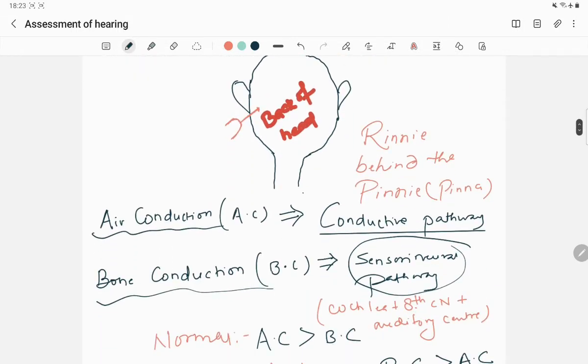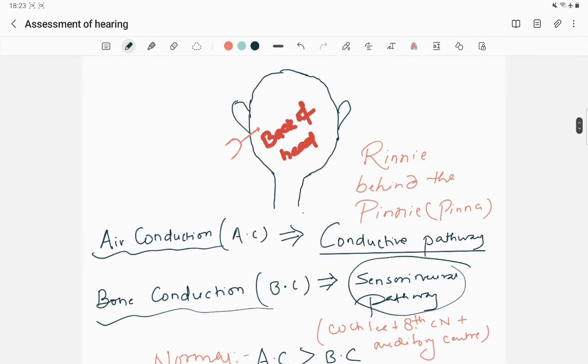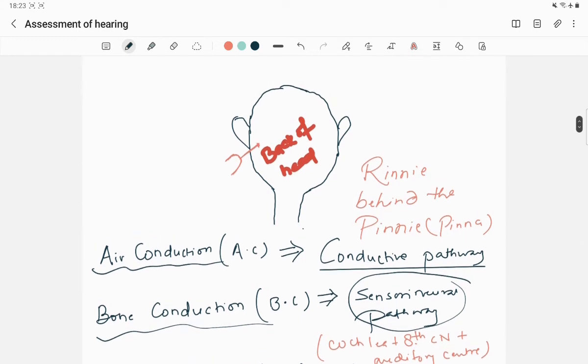So how to remember which one is Rinne and which one is Weber? If we place a vibrating tuning fork behind the pinna on the mastoid process, then that is Rinne test. So you can remember Rinne behind the pinna, as pinna is called external ear.